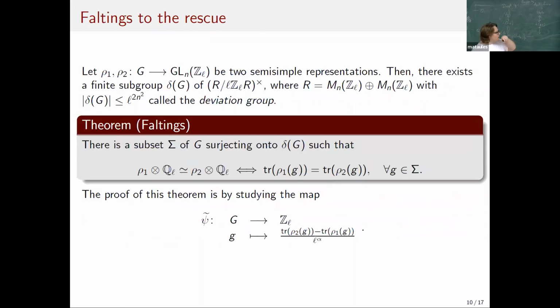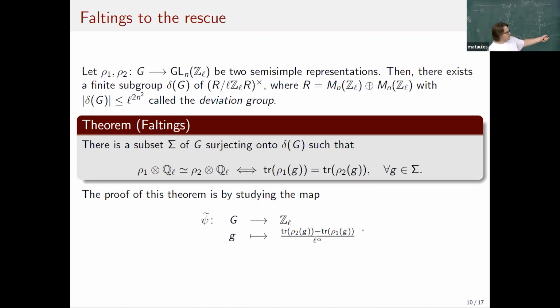Well, Gerd Faltings, who is a German mathematician, in 1983 came up with this deviation group, which is a finite group that maps into this multiplicative group, which is a bit strange, but the construction is pretty easy.